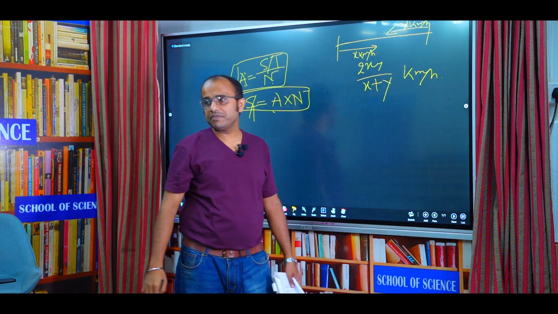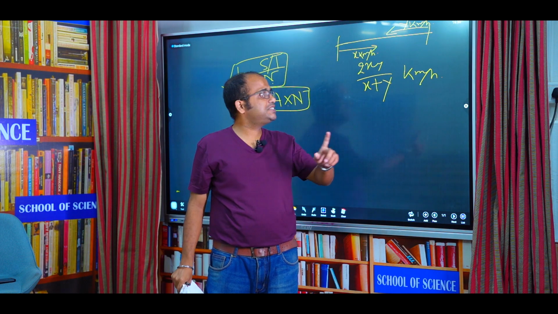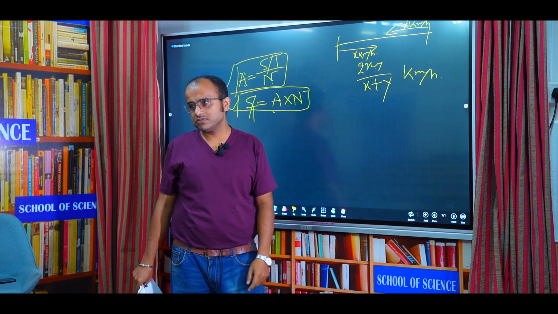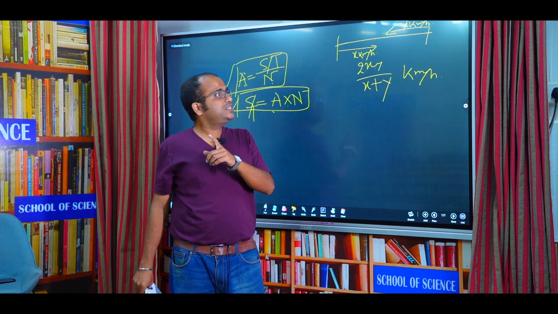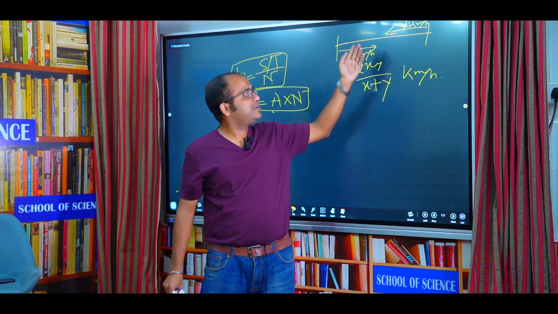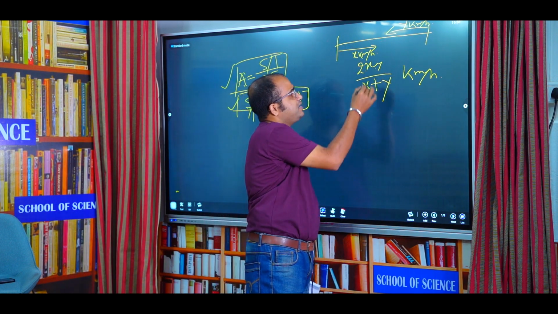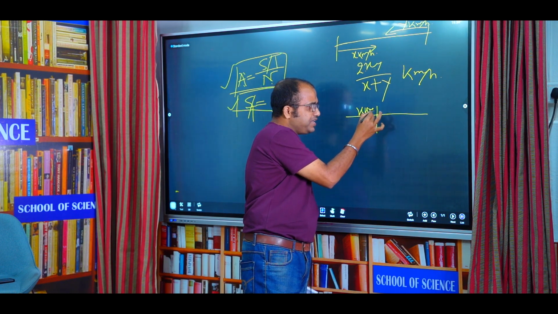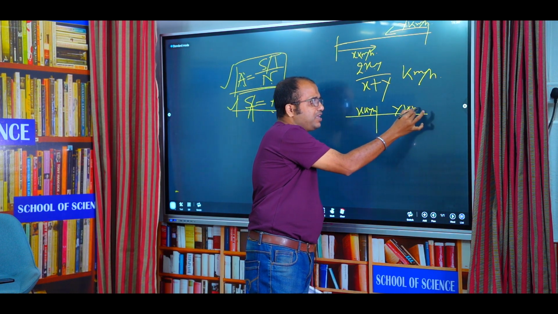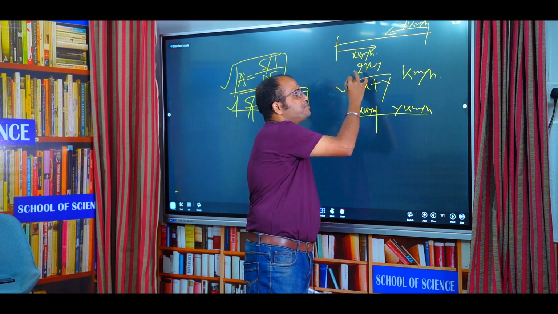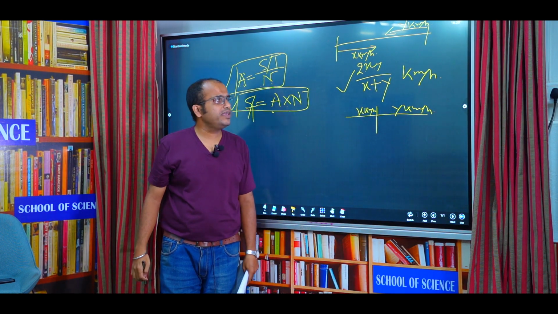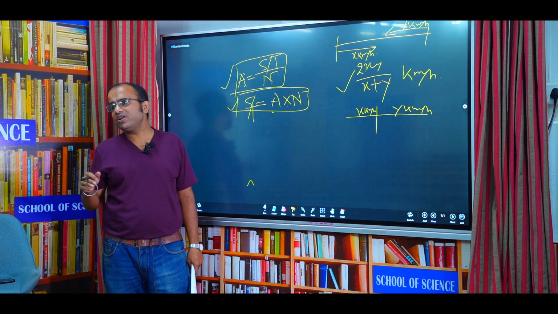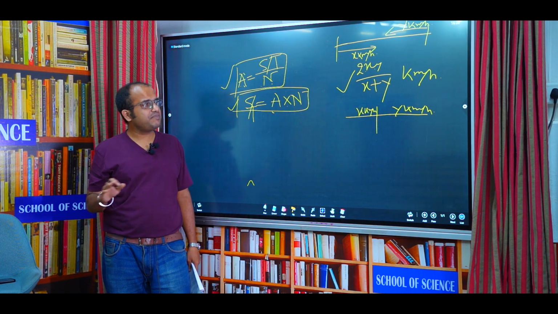In that case, how do we calculate the average speed? 2xy divided by x plus y. The distance going and coming is the same. If the distance is divided so that half of it is covered at x kilometer per hour and the remaining half at y kilometer per hour, then also the average speed formula is 2xy by x plus y kilometer per hour. This is the shortcut method to get the average speed.